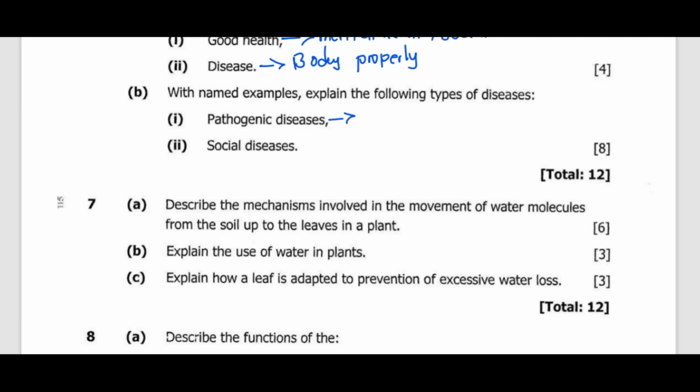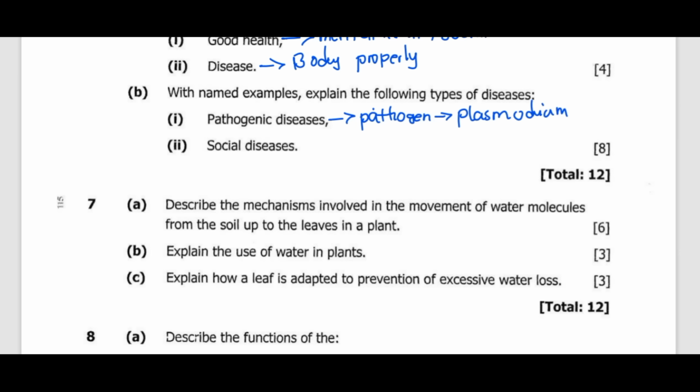The first thing you need to know is these are diseases that are caused by pathogens. Then what is a pathogen? A pathogen is a microorganism that has the ability to cause a disease. An example is Plasmodium. This Plasmodium is a pathogen for malaria.